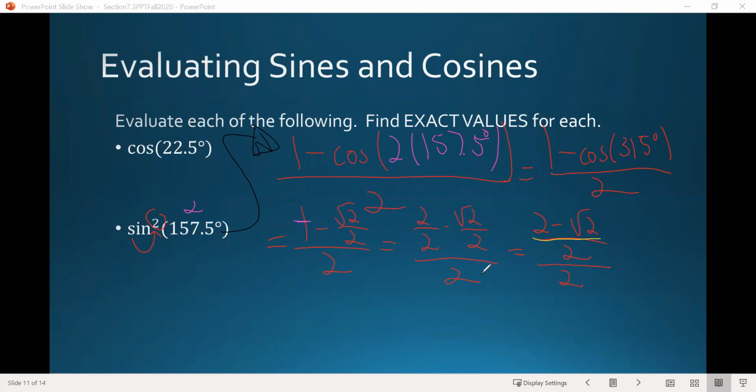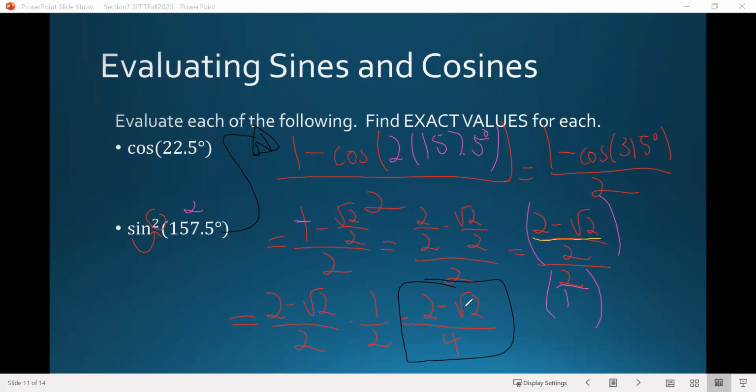And again, that's all being divided by 2, which you can make that 2 a 2 over 1. We are again dividing with fractions, so we have a fraction divided by a fraction. So we do our keep change flip thing there, so we have 2 minus root 2 over 2 times 1/2. Multiply straight across, we'll end up with 2 minus root 2 all over 4. That's the final answer.